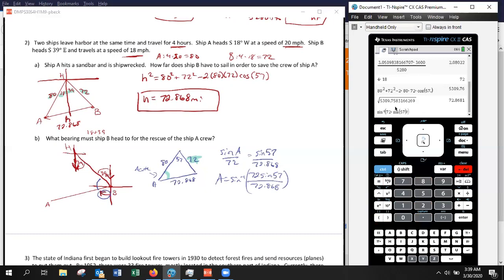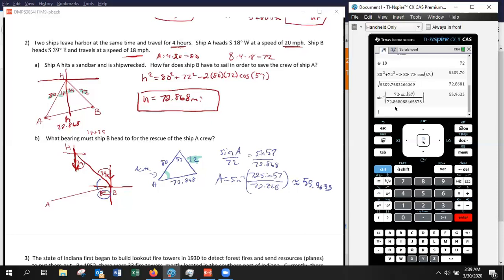It just occurred to me I'd rather keep the exact value. So angle A is 55.9633. Now, to find angle B, I will take 180 minus 57 minus that 55.9633.